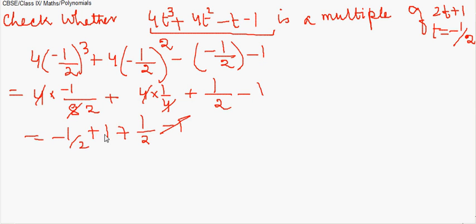So all get cancelled, showing that the remainder is 0. When the remainder is 0, this linear polynomial is a factor of the given polynomial, and vice versa, the given polynomial is a multiple of 2t plus 1.